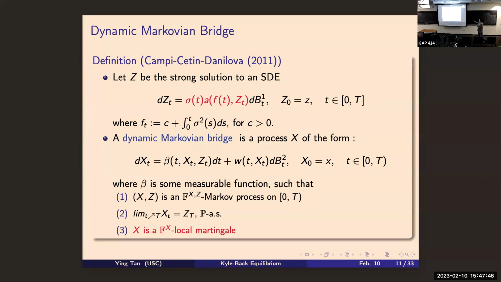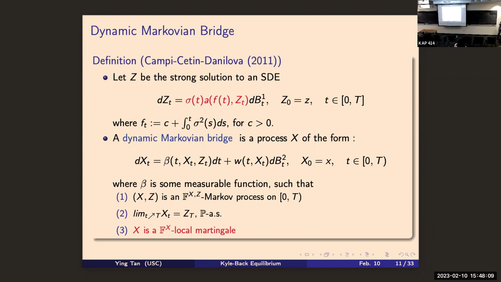The pair X, Z is a Markov process, and the limit of X_t is equal to Z_T as t goes to capital T, almost surely. And the third one is that X is a local martingale under its own filtration. This is the dynamic Markovian bridge.